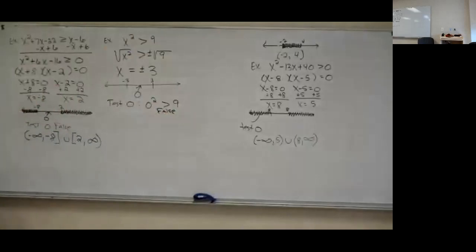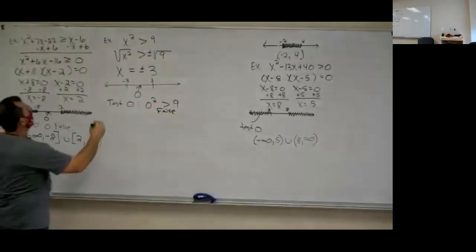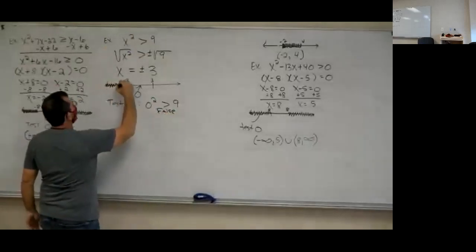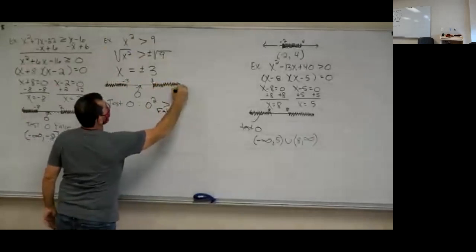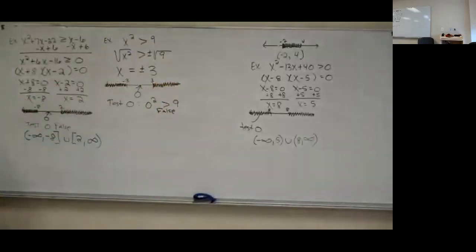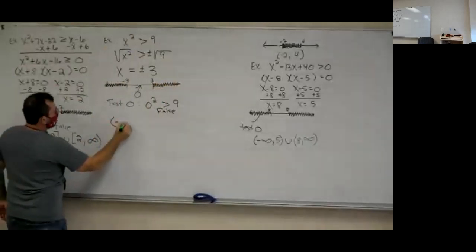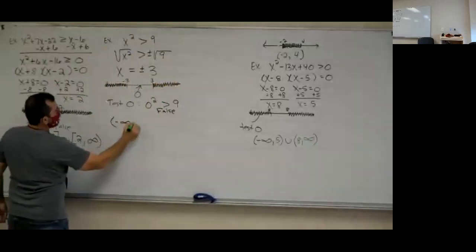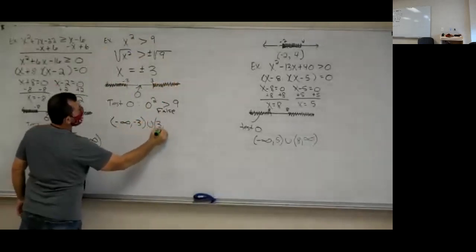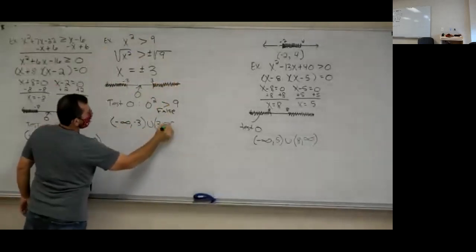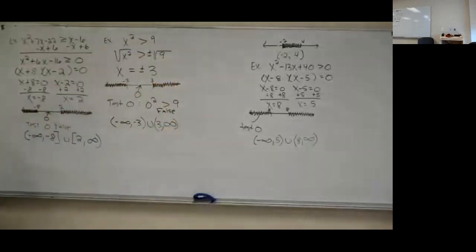So we're not shading the middle, we're shading the outers. Now remember, there's no equals on it, so everything's going to be in parentheses on this one. From negative infinity to -3, and then union that from a positive 3 to a positive infinity. Okay?